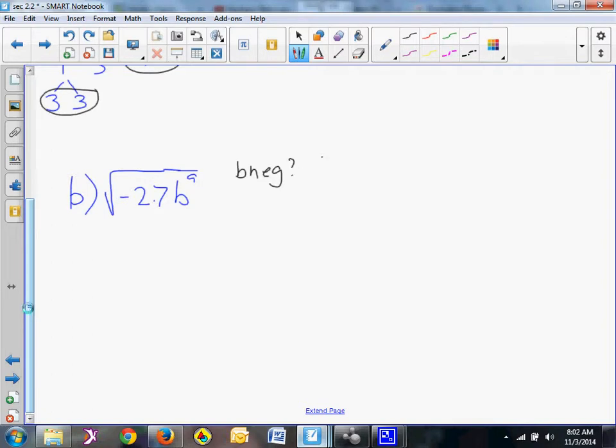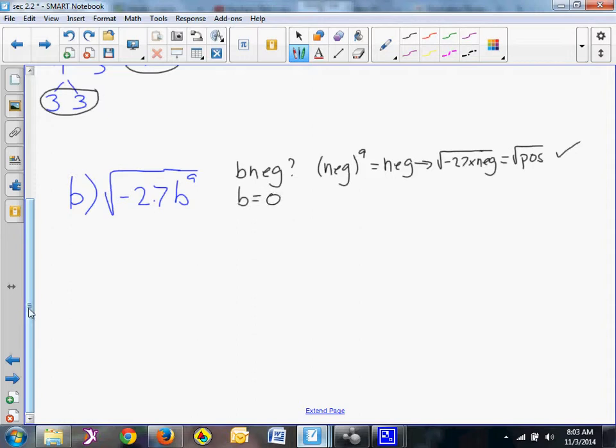If I take a negative number and put it to the power of 9, because 9 is odd, a negative number to an odd power gives us a negative. Then if I take the square root of negative 27 times some negative number, negative times a negative gives us a positive, and we can take the square root of that. So yes, b can be negative.